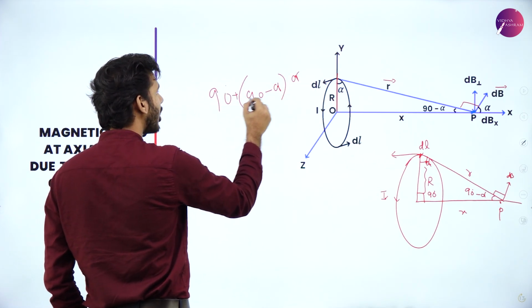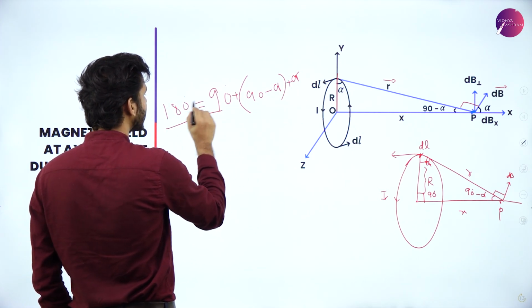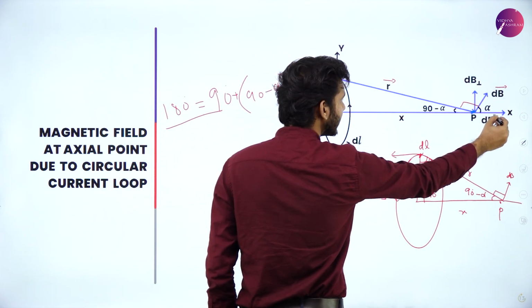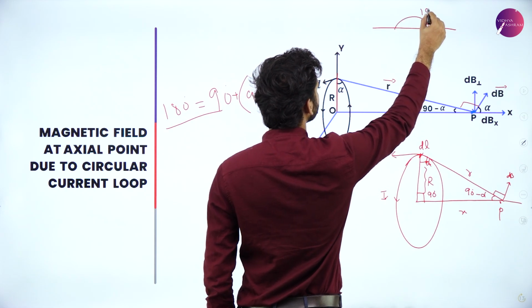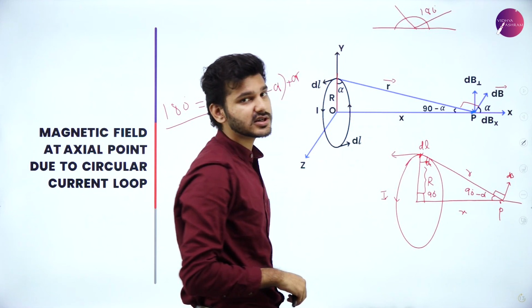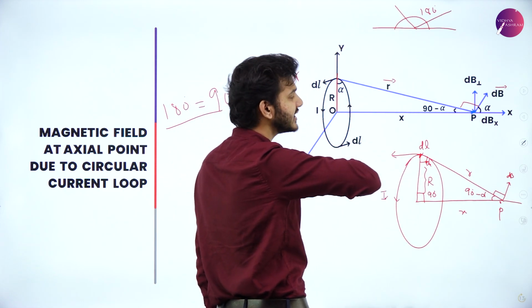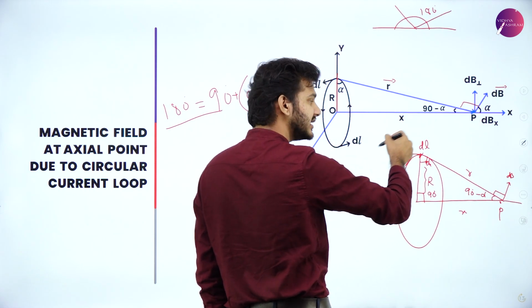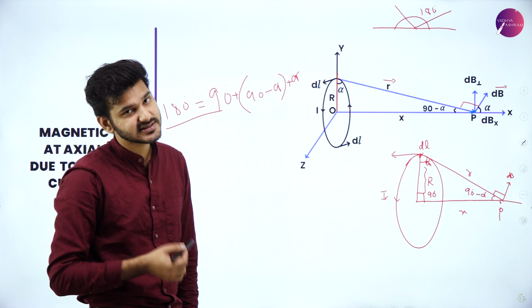Because if you add all these together, you should get the total angle to be 180 degrees. If you have a line, it should be 180 degrees, no matter how it is cut. So this angle is alpha, this angle is 90 degrees, which is why this particular angle is 90 minus alpha.